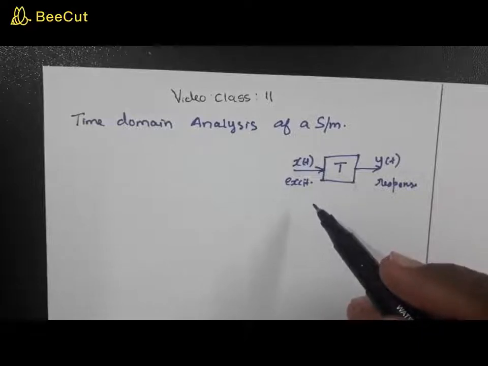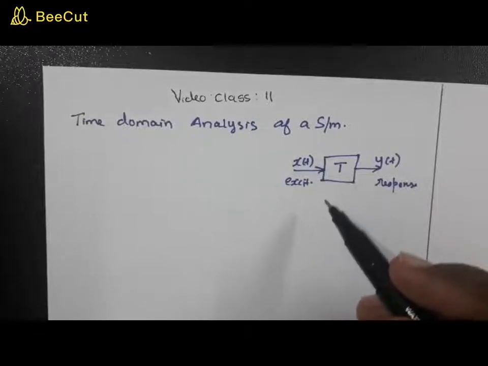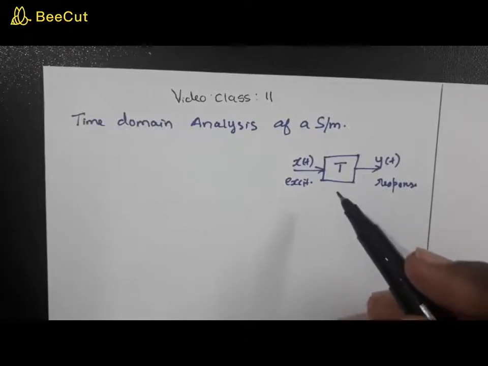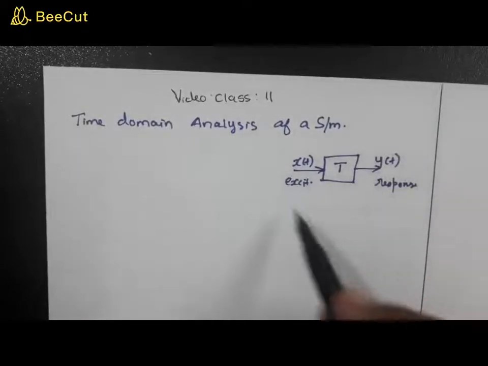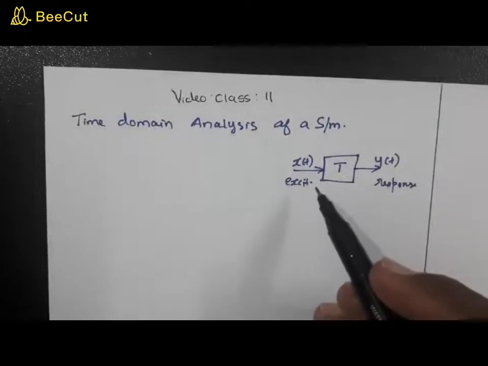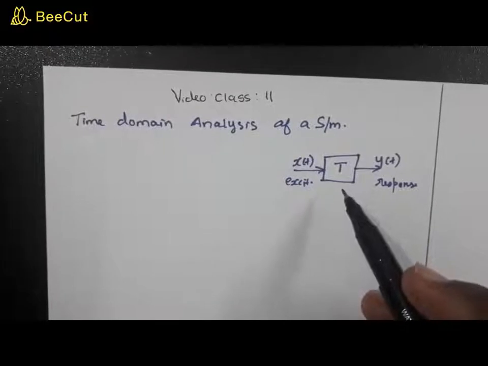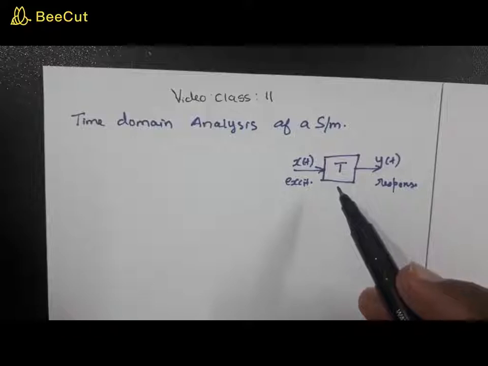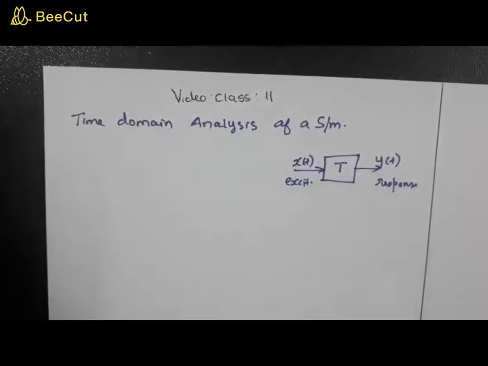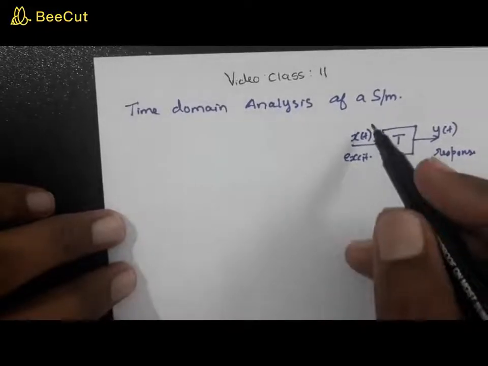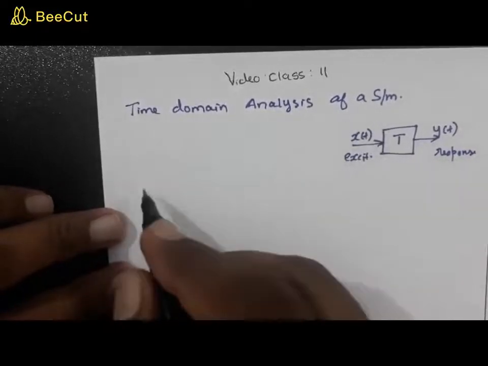Similarly, a system can be studied in the time domain so that we get various characteristics of that system, referred to as the time response specifications, which we will deal with later in our classes.